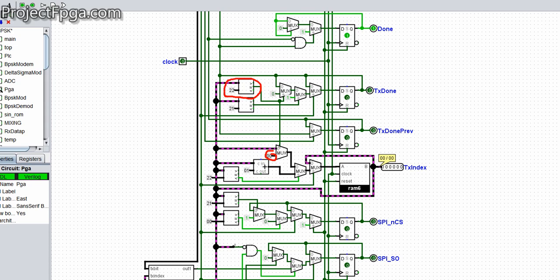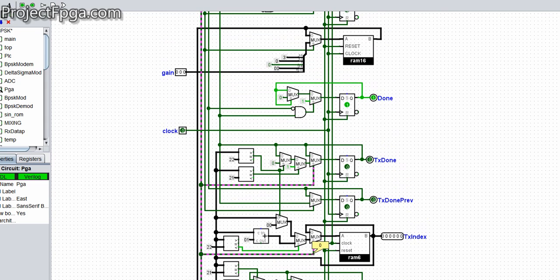Now this one checks if it's less than 34. If it's less than 34, it should increment the TX index. This one is just to enable it, so here it works with the TX enabled.